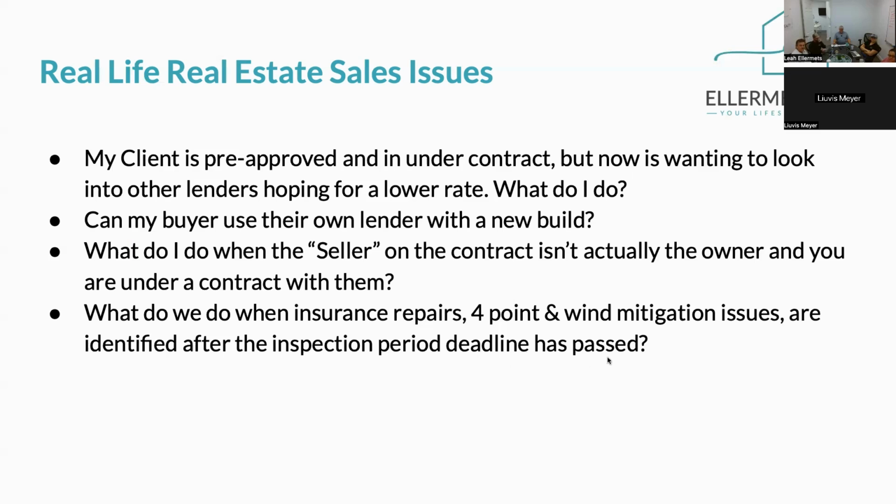So what do we do when insurance repairs, 4-point and wind mitigation issues are identified after the inspection period deadline has passed? Well, number one, when it's insurance related, I immediately look at this and go, so what? In my mind, this is a so what, because you can't get a loan.